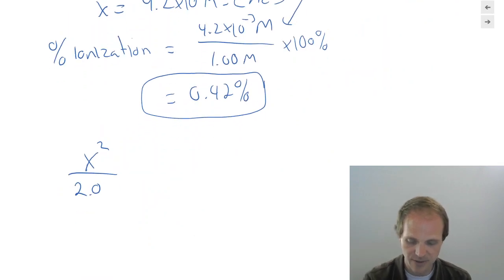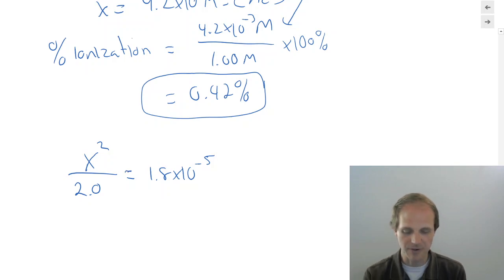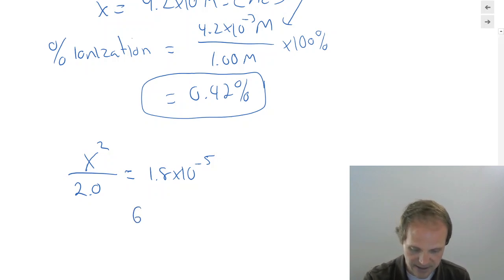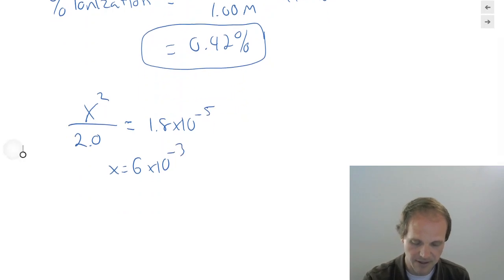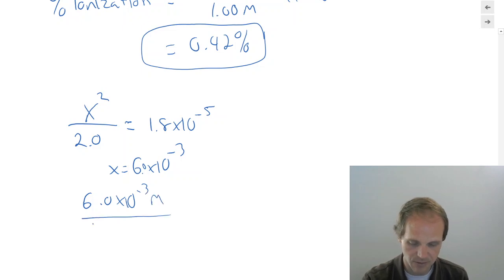So we're going to take x squared divided by 2.0 equals 1.8 times 10 to the minus fifth as our K value. I'm going to go ahead and solve for that by taking the square root of 2 times 1.8 times 10 to the minus fifth. And I get x equals 6 times 10 to the minus third. And I compare 6.0 times 10 to the minus third molar compared to 2.00 molar.